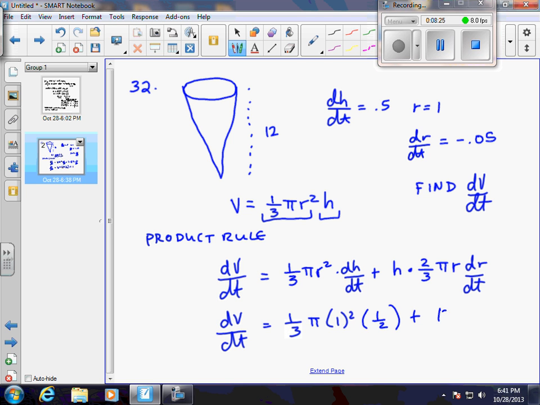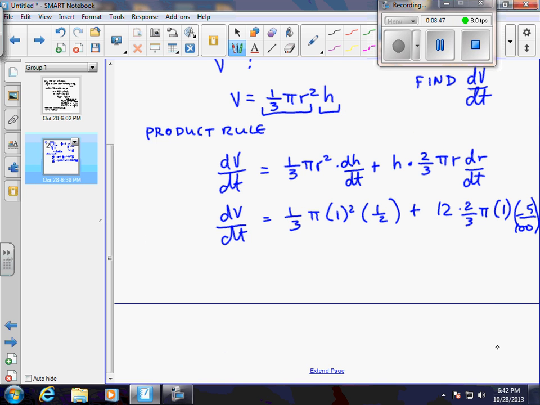H is 12. Then you have 2/3 pi times 1, and dr dt, -5/100, and then you just do the arithmetic.